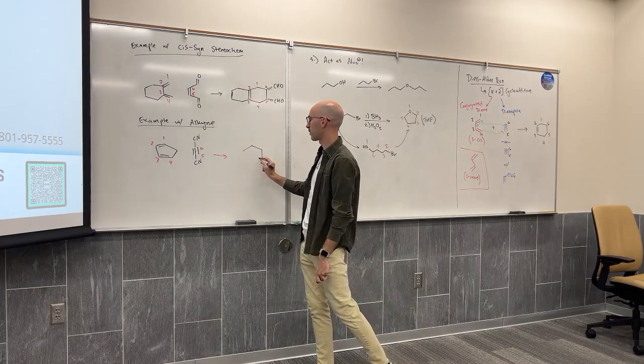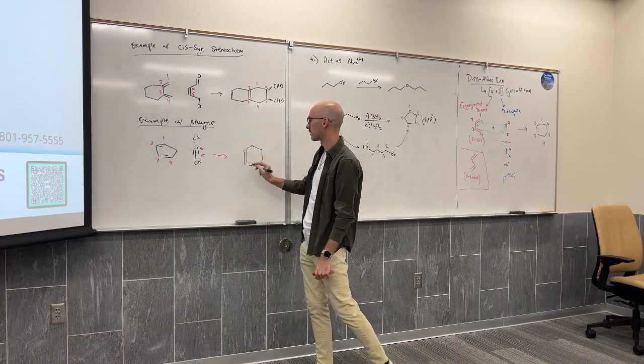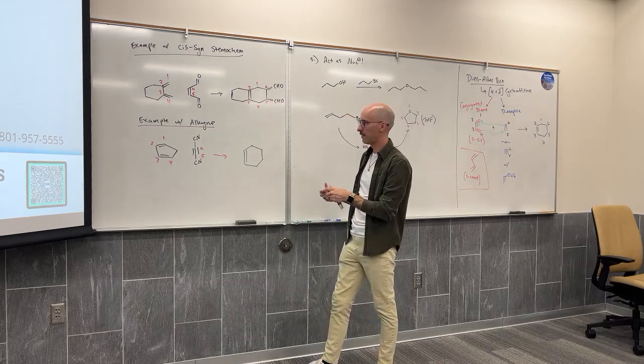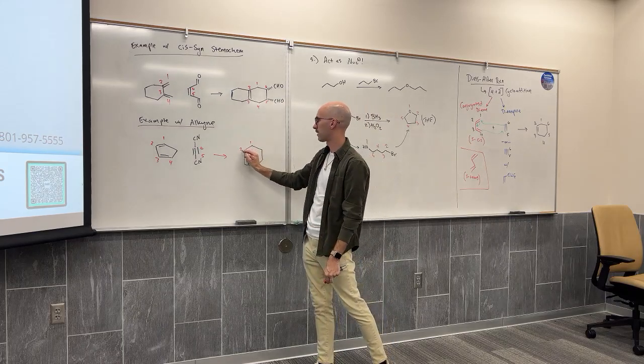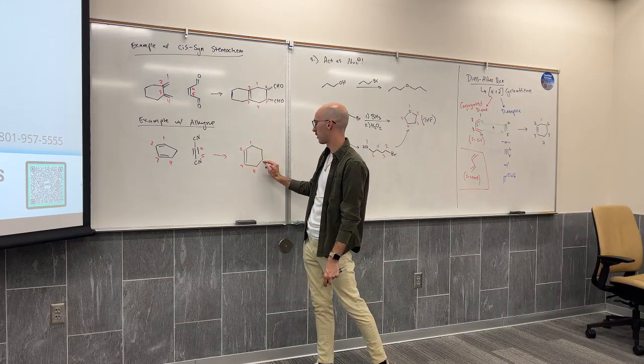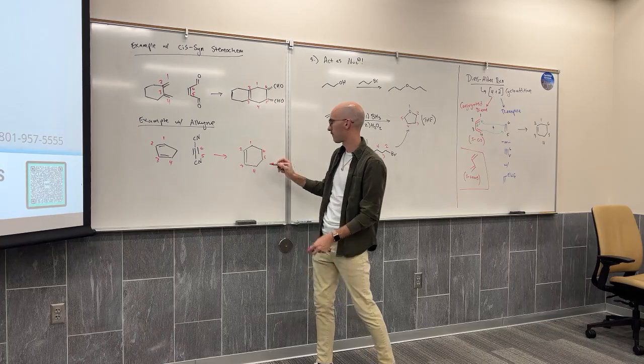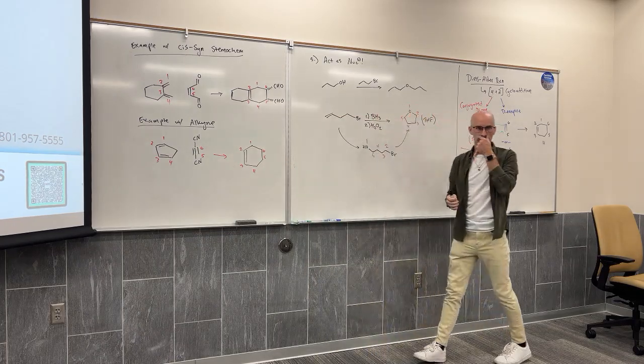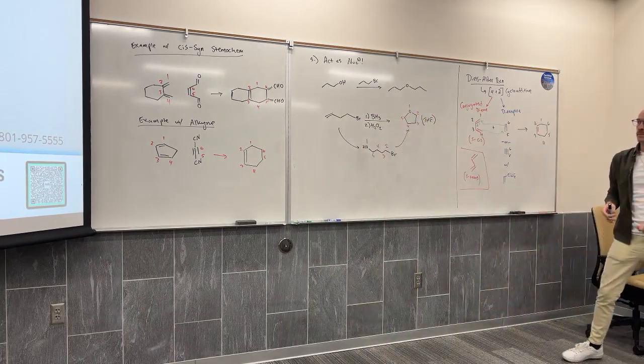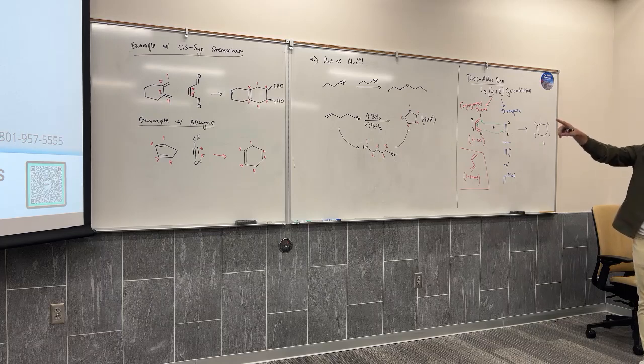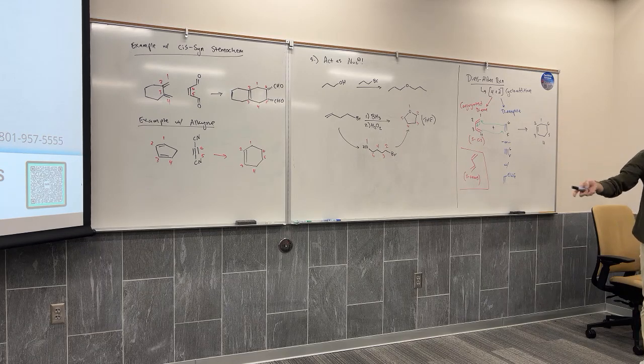I'm going to have a 6-membered ring in my product, always, with a double bond between atoms 2 and 3. But atoms 1 and 4 are connected by a 5th atom.